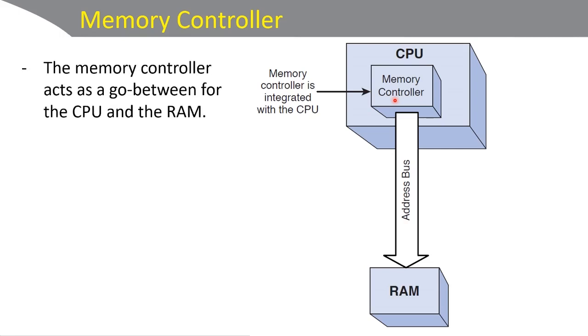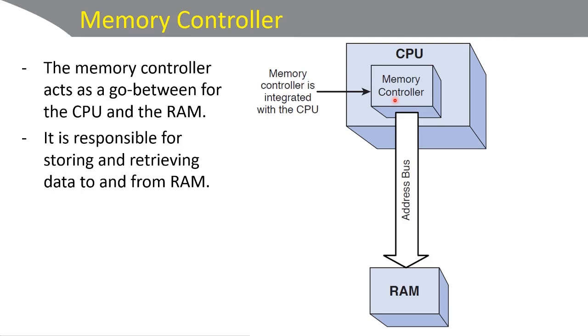The memory controller is the go-between, or liaison, if you will, for the CPU and the RAM. It's responsible for storing data to RAM and locating and fetching data from RAM. It does this by use of the address bus, which is the circuitry that connects the CPU to the DRAM slots.